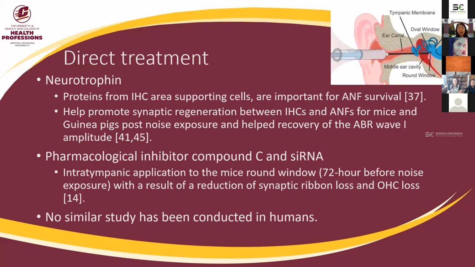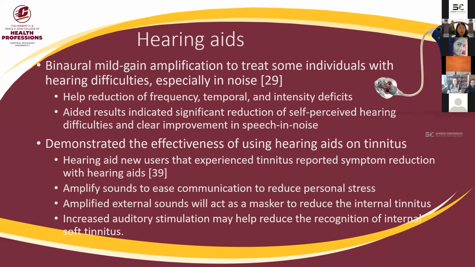It was found that delivering neurotrophin or the pharmacological inhibitor compound C and siRNA to the round window, either before or after noise exposure, can help preserve auditory function. Again, these are only for animals. So for humans, what can we do?